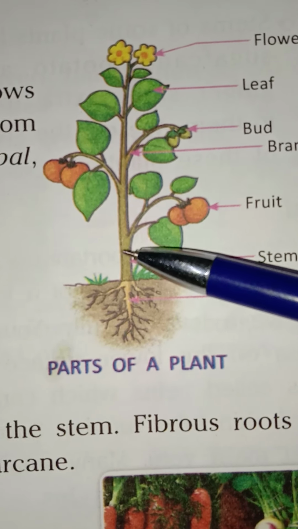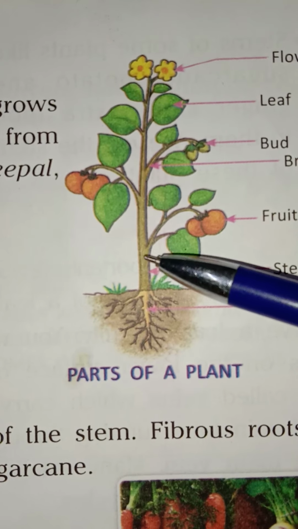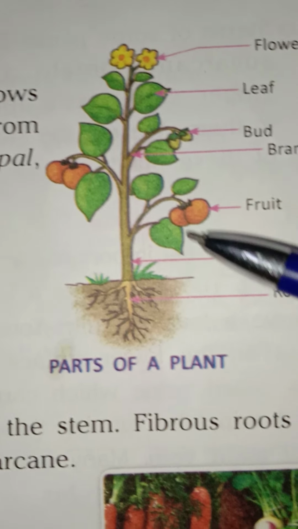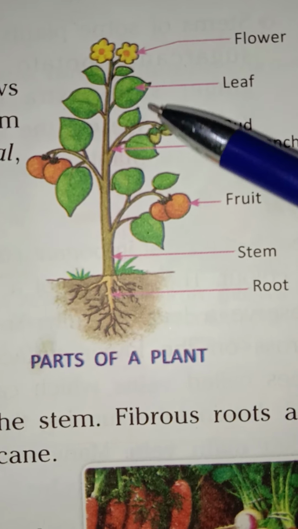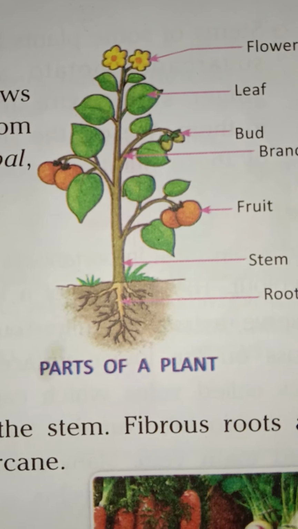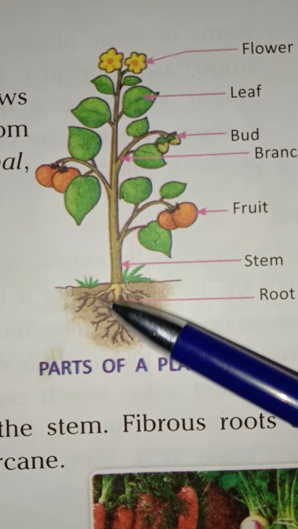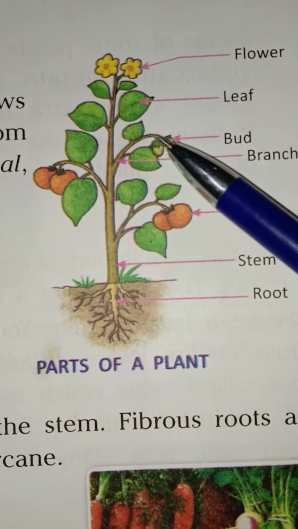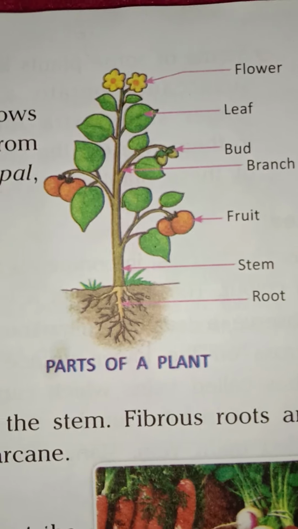You can see here, stem bears leaves, fruit, buds, branches. Without a stem, all these parts of the plant cannot grow. Okay, now clear?